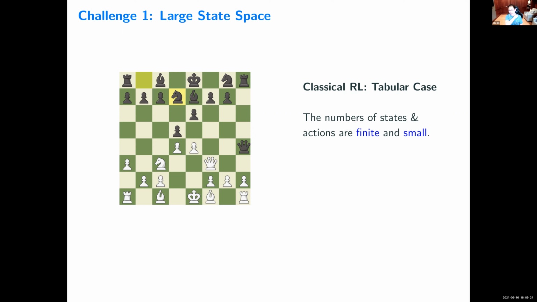For example, even the chess game has a number of states that is already not that small, but at least it's finite and reasonable, like millions or 10 millions. So the strategy for those tabular cases in standard reinforcement learning theory is that we just visit all the reachable states and learn from them directly. In the chess game, the states mean the positions of each piece. If I can somehow reach these states, I will just play until I reach them and learn from there.